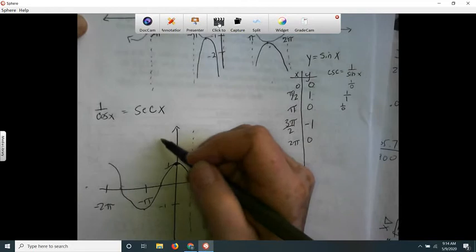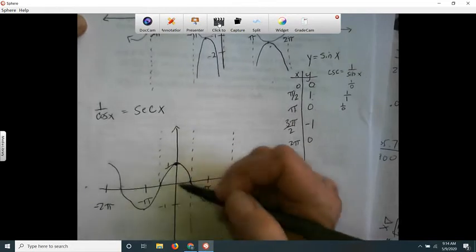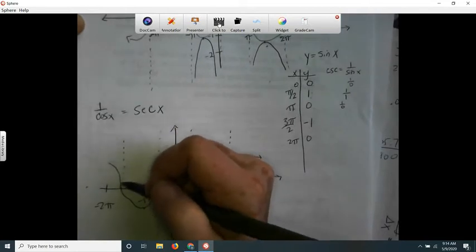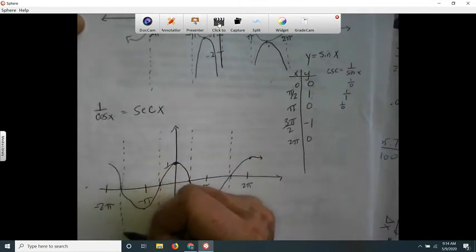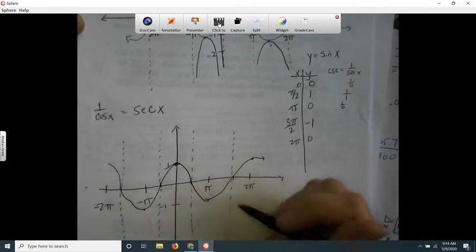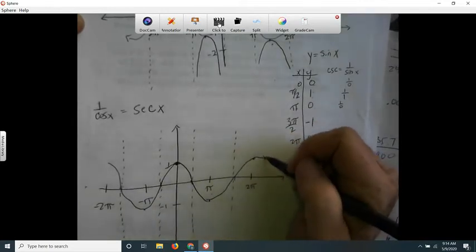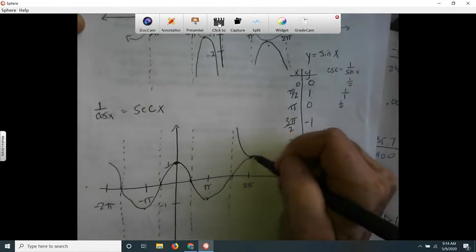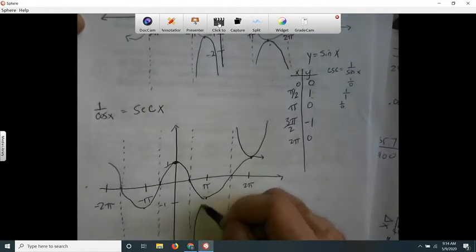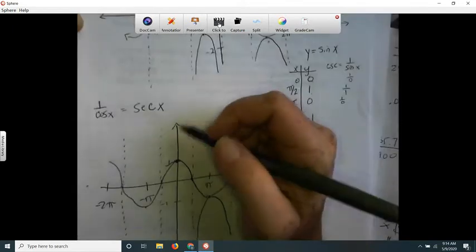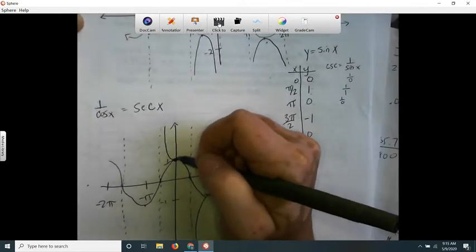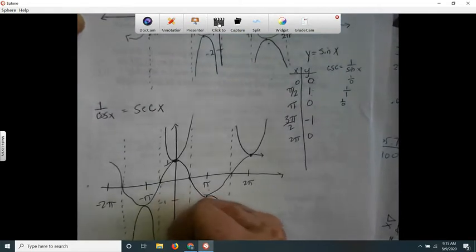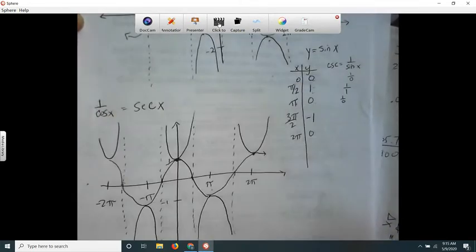Why? Because that's where cosine equals 0, and 1 over 0 is undefined. You can't divide by 0. And then I know these points right here, this is where I can make my little U-shapes, because the reciprocal of 1 is 1. Remember, we're talking about reciprocal functions here. And it would just go on forever and ever.